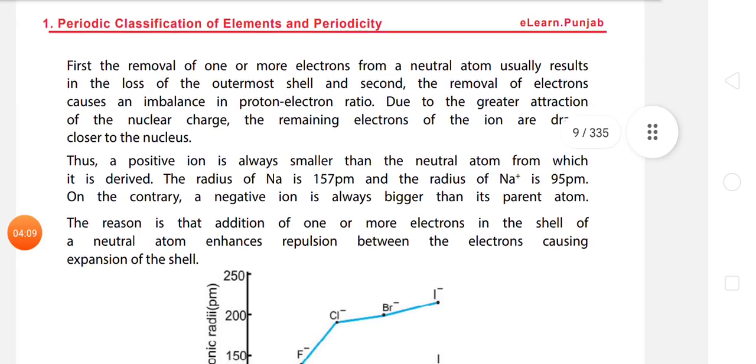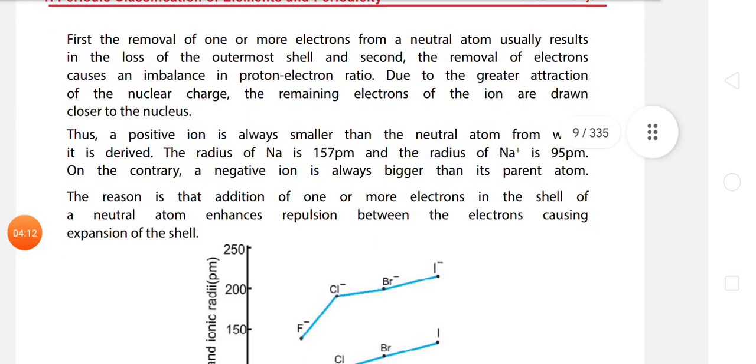The remaining electrons are drawn closer to the nucleus. Thus, the positive ion is always smaller than the neutral atom from which it is derived. Thus, the radius of sodium is 157 picometer and the radius of sodium plus is 95 picometer.